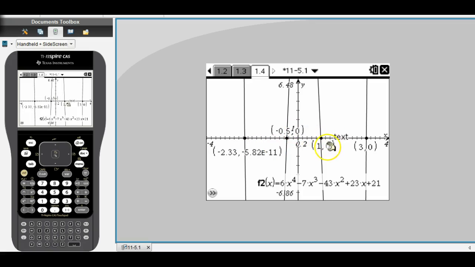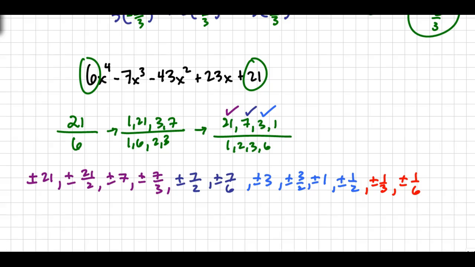The rest of them have a 0 for the y value, but this one didn't turn out that way, so it was a little bit of an estimate. So let's write down what we got for our zeros, and then we'll verify those. We got negative 2.33, negative 0.5, 1, and 3.